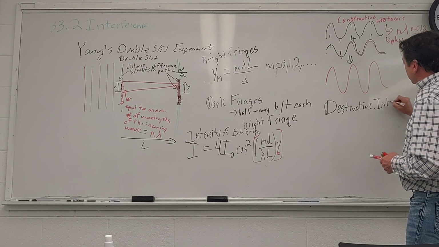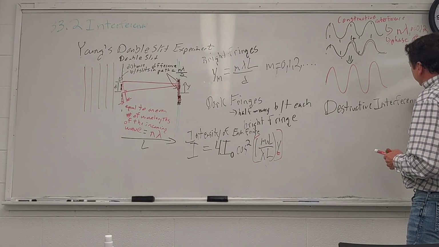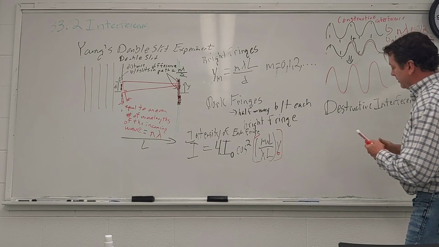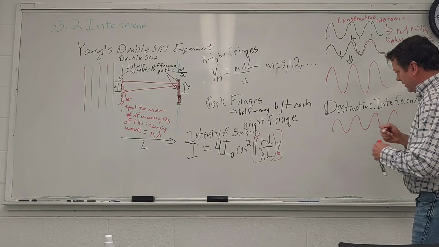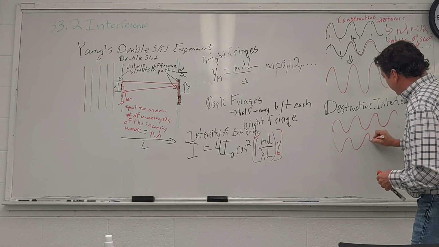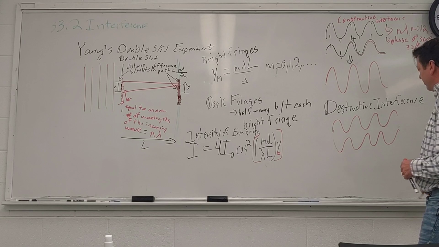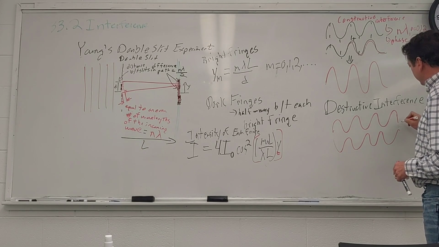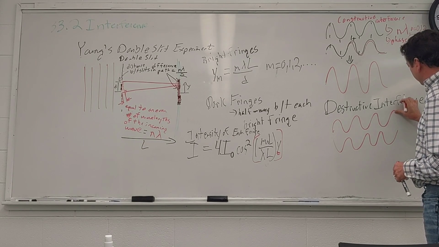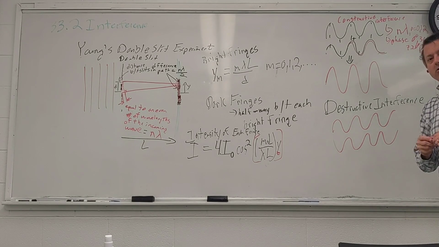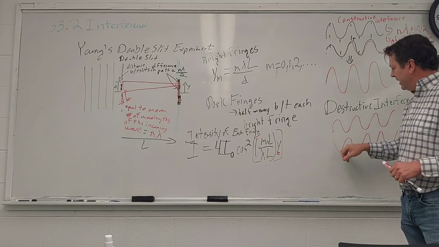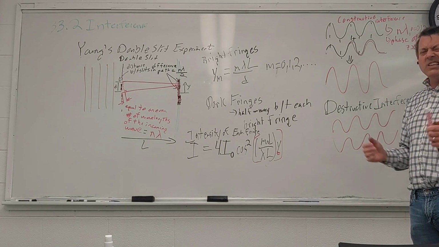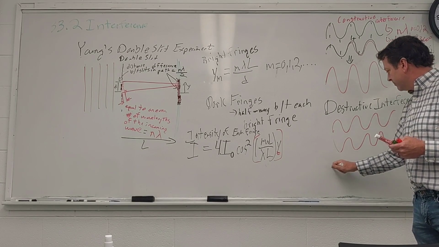Destructive interference. This occurs when you have a crest meeting a trough. Now, when a crest meets a trough, when bad meets the good, when the positive one equals the negative one, you get 0 out of it.